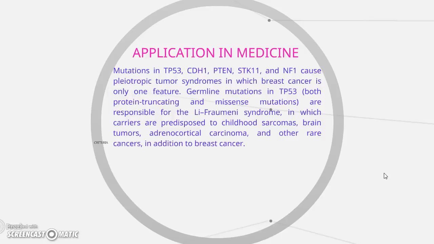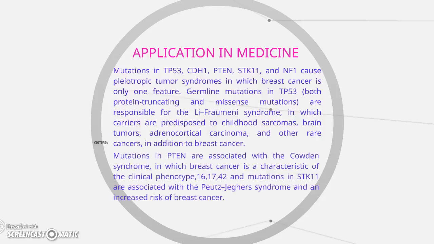Mutations in TP53, CDH1, PTEN, STK11, and NF1 cause pleiotropic tumor syndromes in which breast cancer is only one feature. Germline mutations in TP53, both protein-truncating and missense mutations, are responsible for Li-Fraumeni syndrome, in which carriers are predisposed to childhood sarcomas, brain tumors, adrenocortical carcinoma, and other rare cancers in addition to breast cancer.